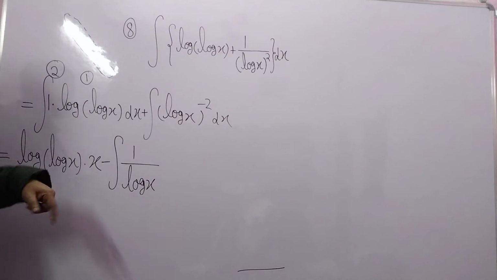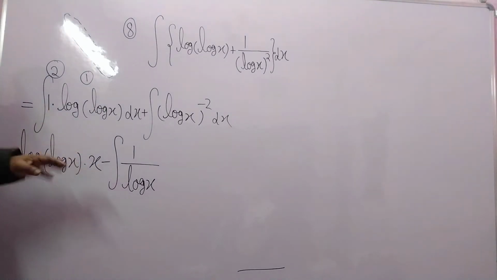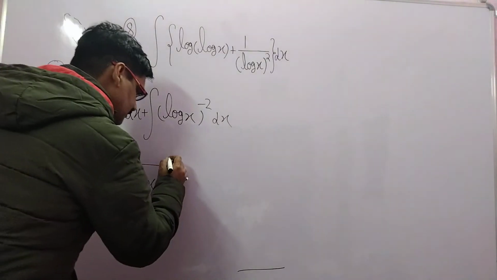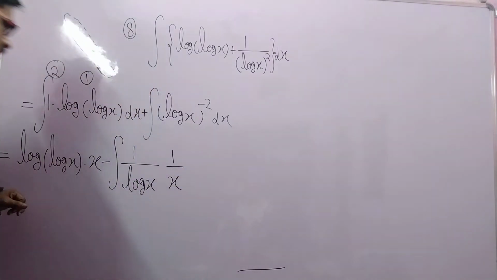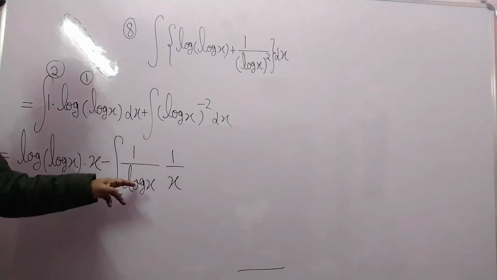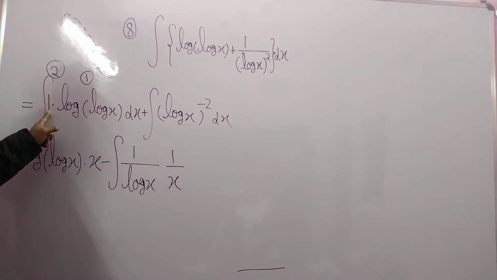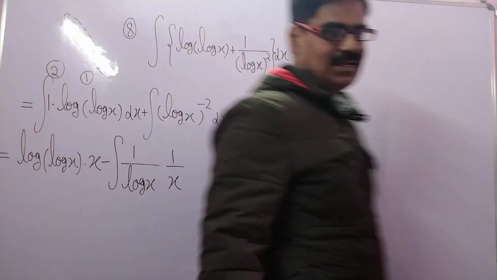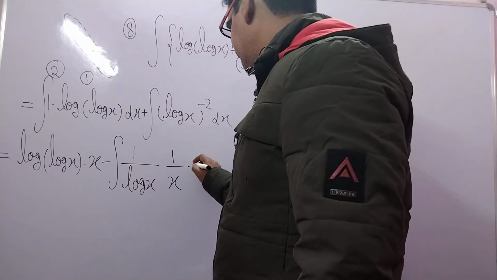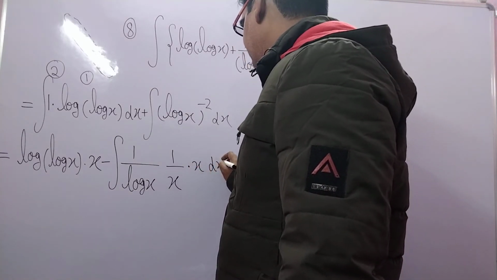Now we differentiate log x. Differentiation of log x is 1 upon x. Write it here. It is the differentiation of log x. Now we integrate the second function. Second function is x dx.